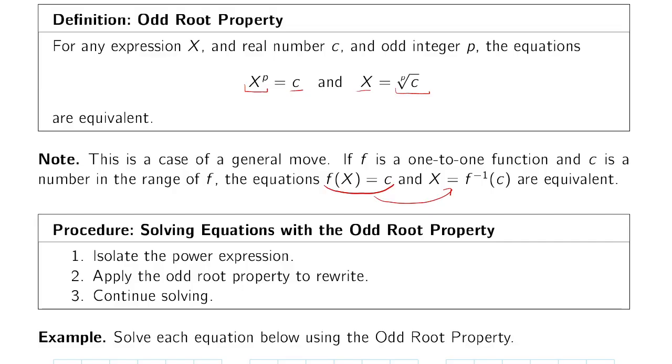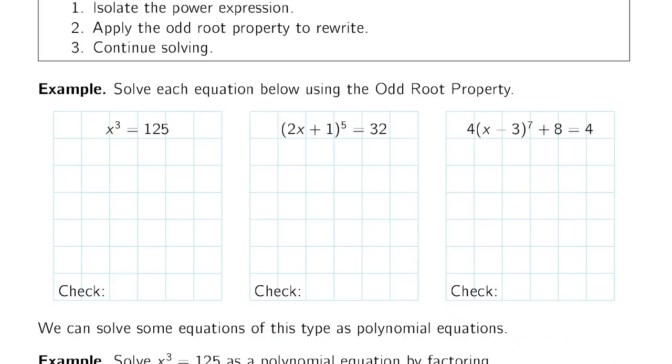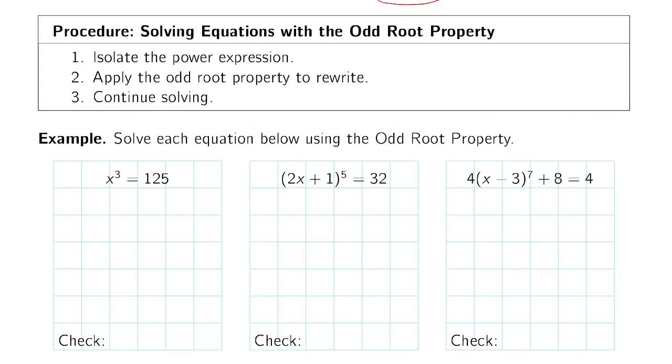So that's going to look something like this. Our first example, we have x to the third equals 125. And notice x to the third is already by itself. So isolating is finished, right? We'll rewrite this using the odd root property. So x equals the third root of 125.